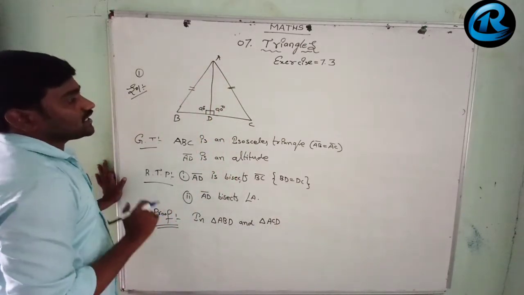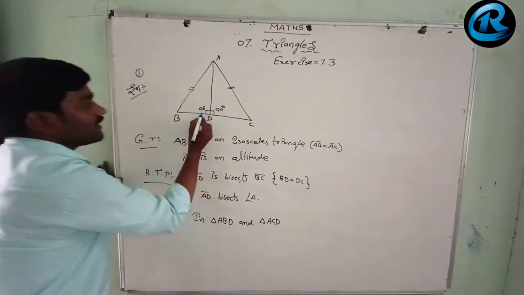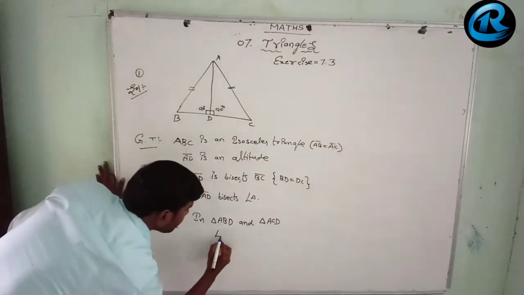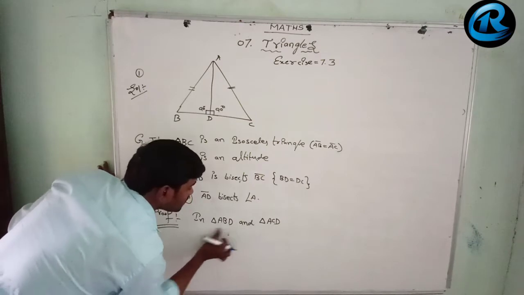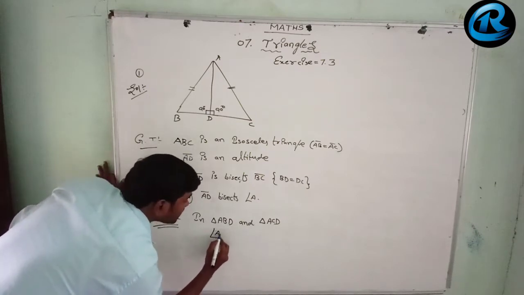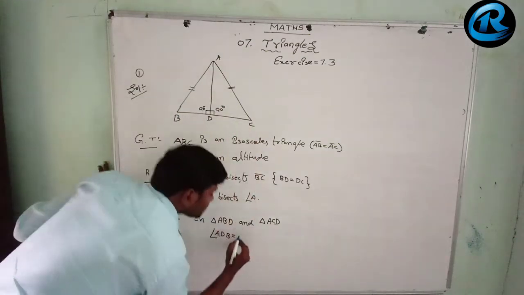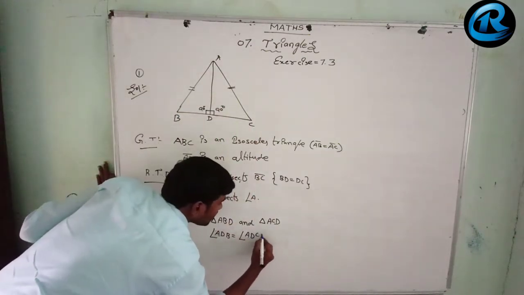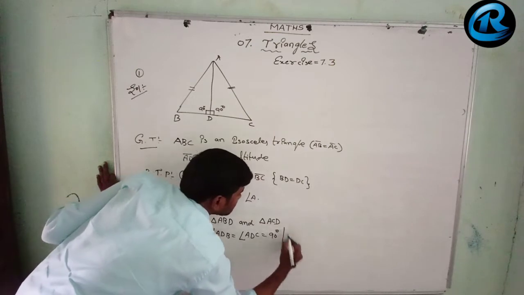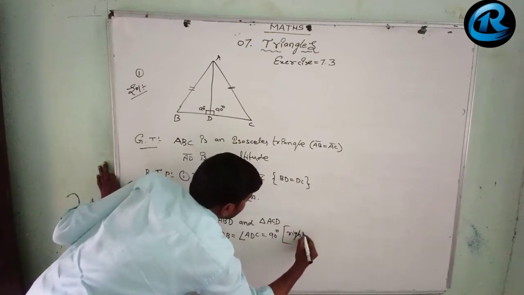So what can I say? See here, angle ADB equals angle ADC equals 90 degrees, we can write this as a right angle.